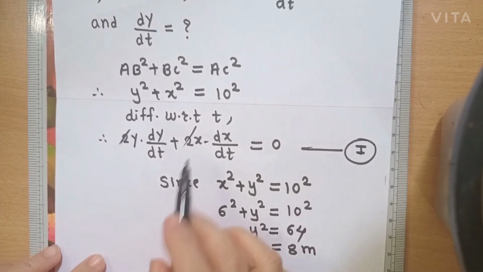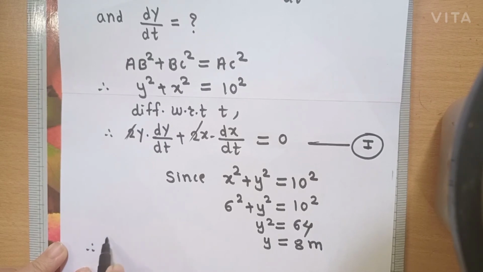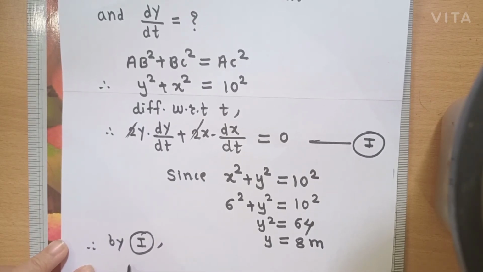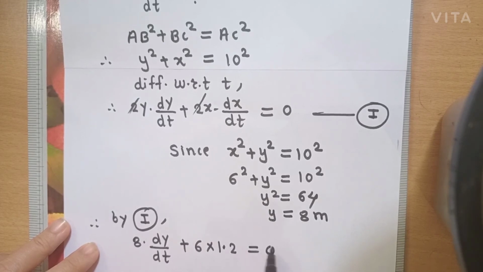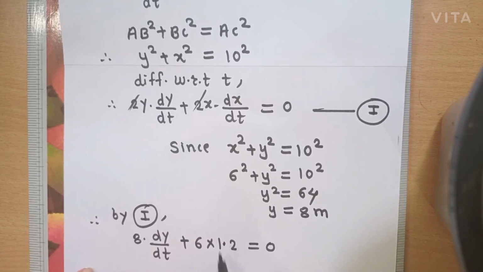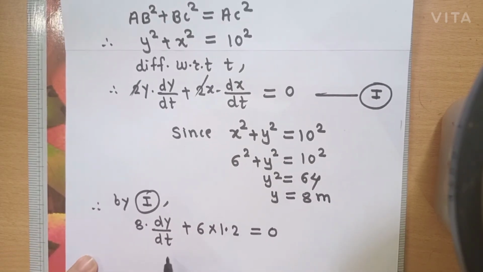Now substitute this in 1. Therefore by 1 we have y is 8, so 8 into dy by dt and plus 6 dx by dt is 1.2, that is equal to 0. Now this term will become minus on that side.